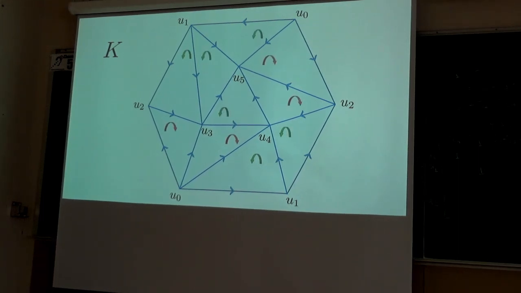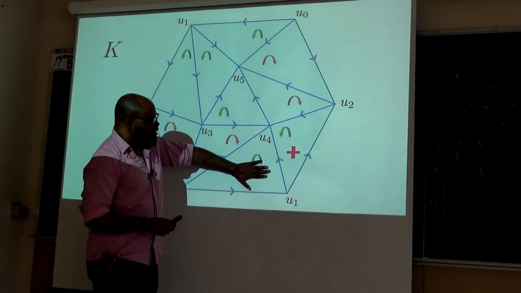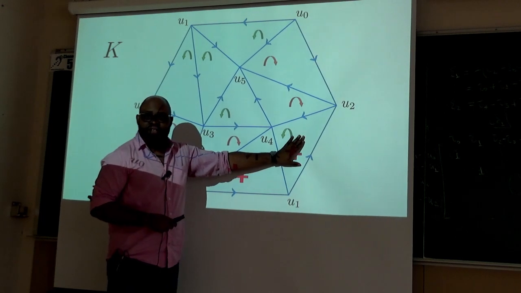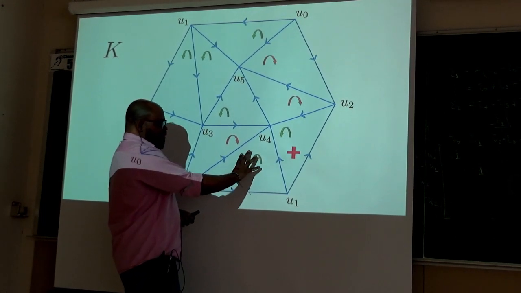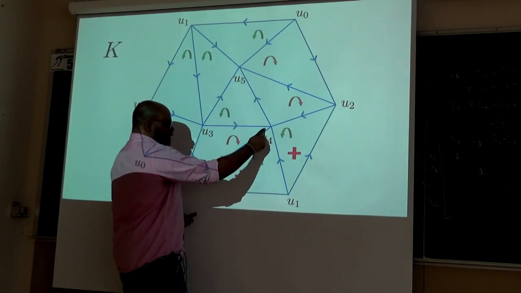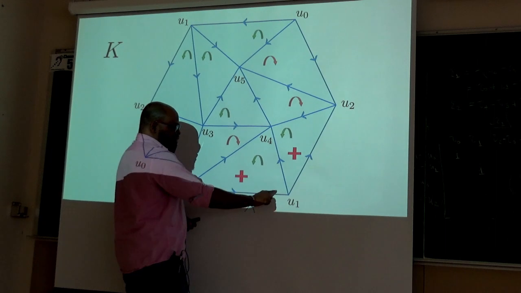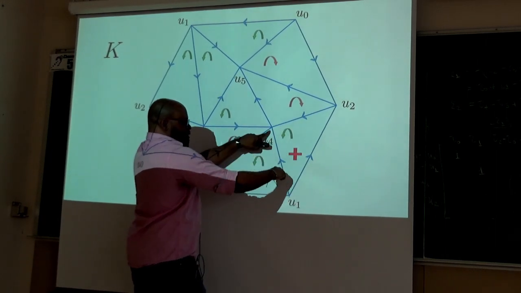What I want you to notice is that if I take the chain which is this simplex plus that simplex, what happens when I look at the boundary of this plus that? I have this boundary like this, and here I have this boundary like this.